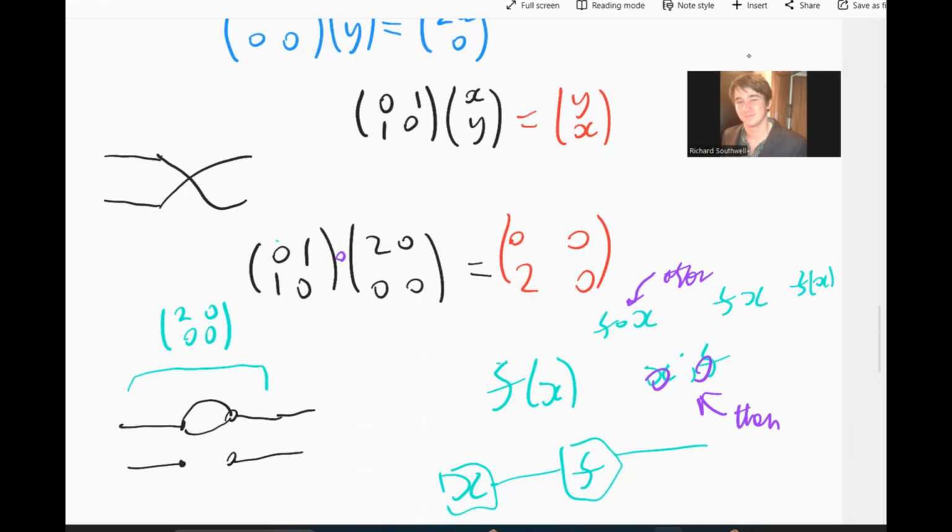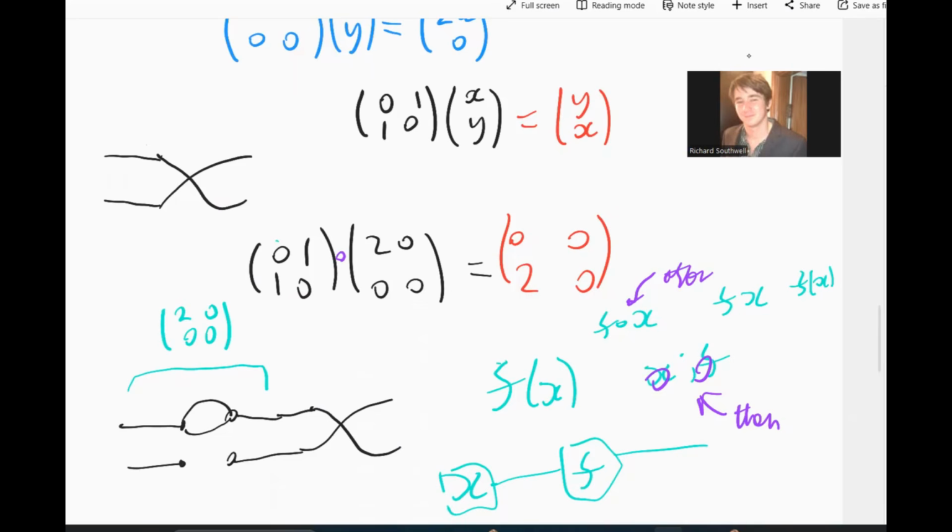So x and then f, which agrees better with the diagrammatic notation. Anyway, let's get back to this situation. So we have this as our first matrix, and then this is our second one, which is this. So we draw that here.